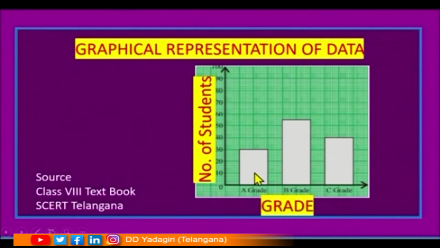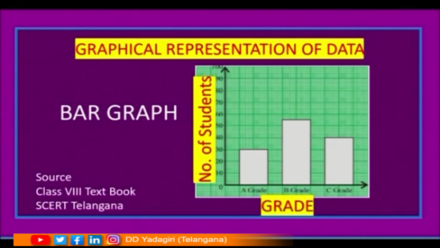So we can easily identify how many students have got grade A, grade B and grade C. Children, how many have got grade A? This is 30 here, so 30 students have got grade A. Grade B, 55 students, and 40 students have got grade C. So this representation is called a bar graph or bar diagram.